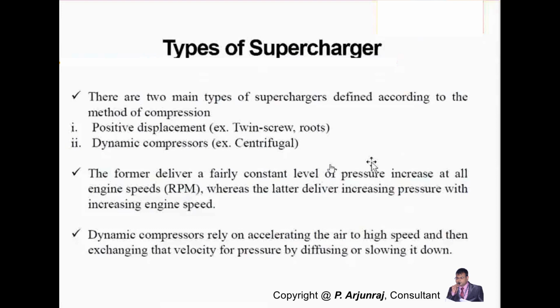Whereas the dynamic compressor, which is the type you have in a centrifugal supercharger, increases the pressure with increasing speed. In the dynamic compressor, when the engine RPM increases, the pressure increases.